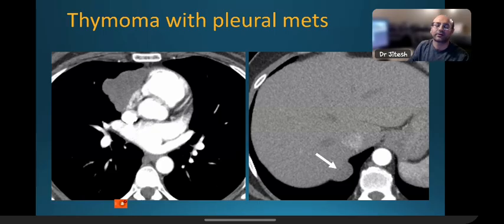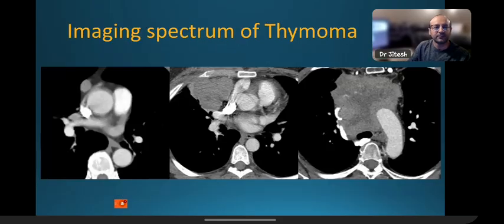If we do not have any lymphadenopathy and no disease outside the chest, and we are just seeing a prevascular mediastinal mass which looks lobulated or invasive, along with pleural nodules, we can call this most likely thymoma with pleural mets or drop mets, right? So this is a patient with thymoma with drop mets.